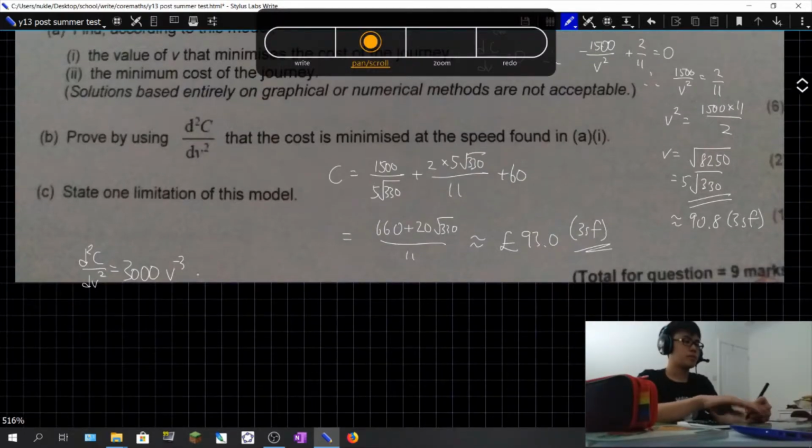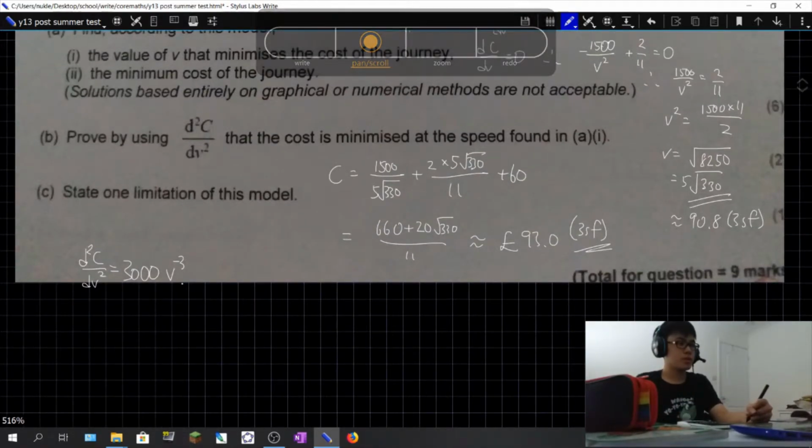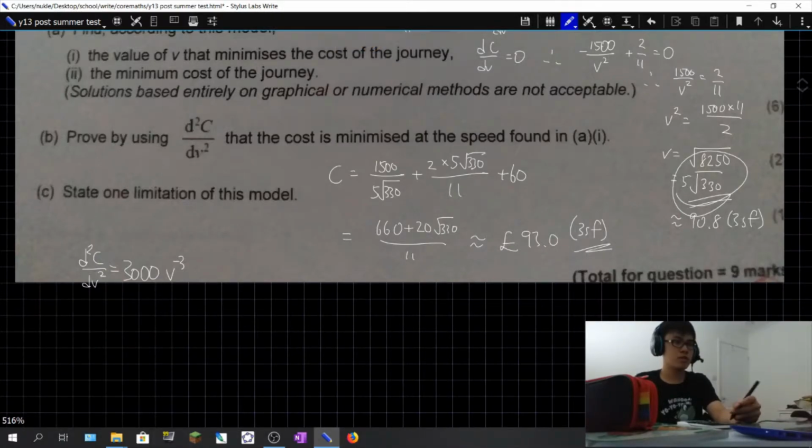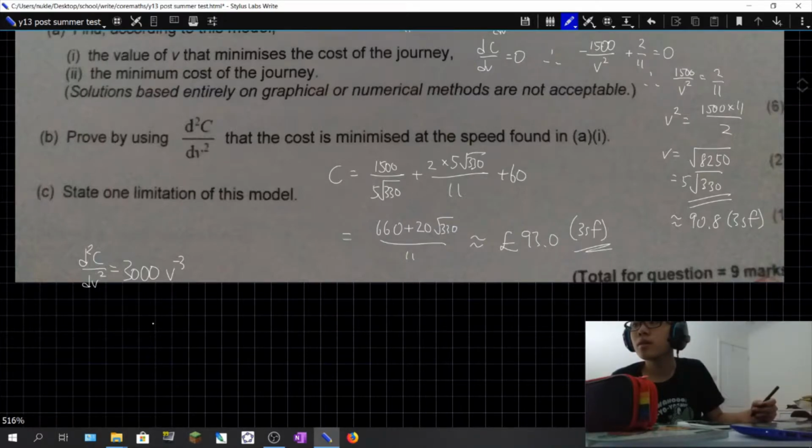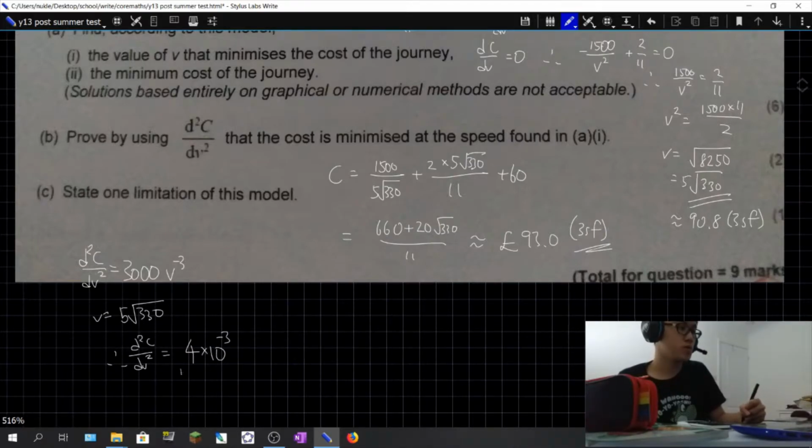That's it. So you sub in your value for v, which is 5 root 330. D squared C over dv squared with that value is about 4 times 10 to the negative 3, which is still positive. So this is bigger than 0, therefore it's a minimum.